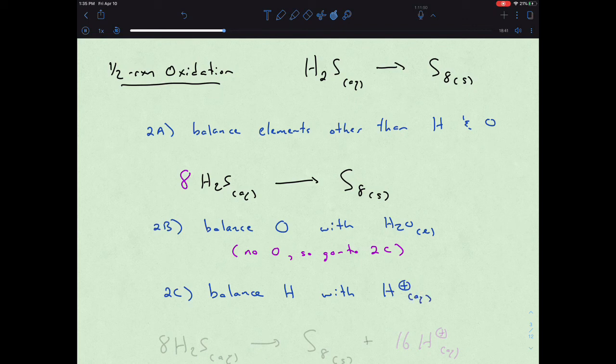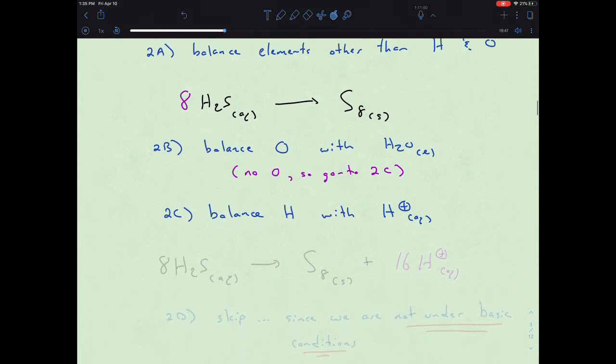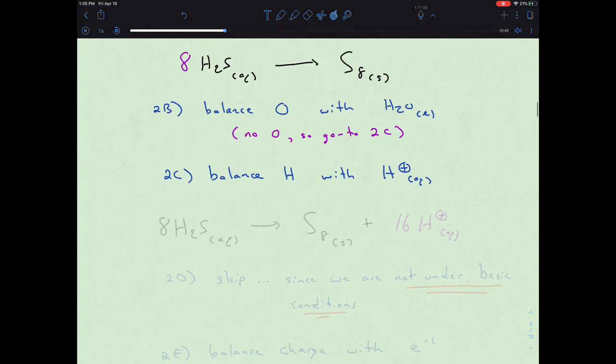And if we look at the top there, we have our 2, or really 16, hydrogens that are there with the sulfurous acid. So we have our 8 sulfurous acids now producing our S8 and 16 protons.